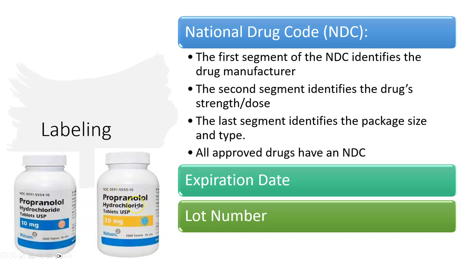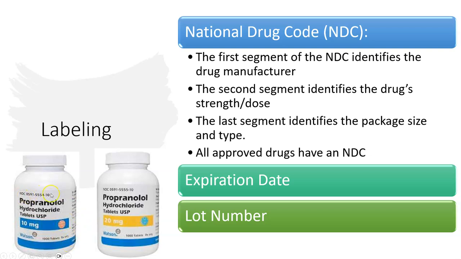You don't need the ending part. We do see that it lists that these are tablets, and that they meet USP, United States Pharmacopeia standards. It shows the different strengths, the manufacturer, Watson, and how many are in the bottle. We also see the Rx only symbol or legend at the bottom.